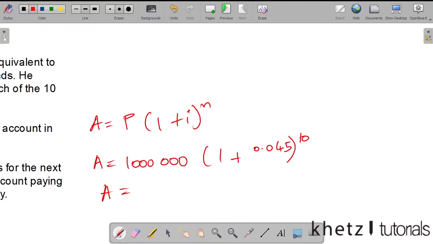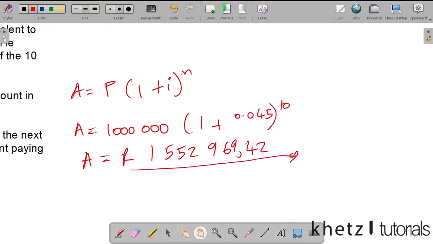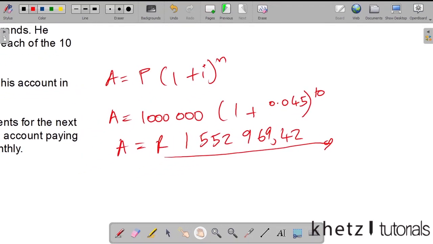So the inflation over 10 years of that amount would lead us to this amount. So you can read this as saying, in 10 years' time, what R1,000,000 can buy now, in the future, you'd have to have 1,552,969.42 to buy the same thing, right? So that is question 1.